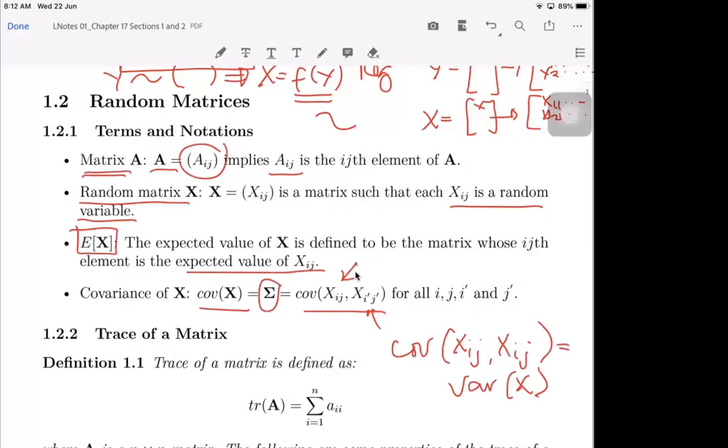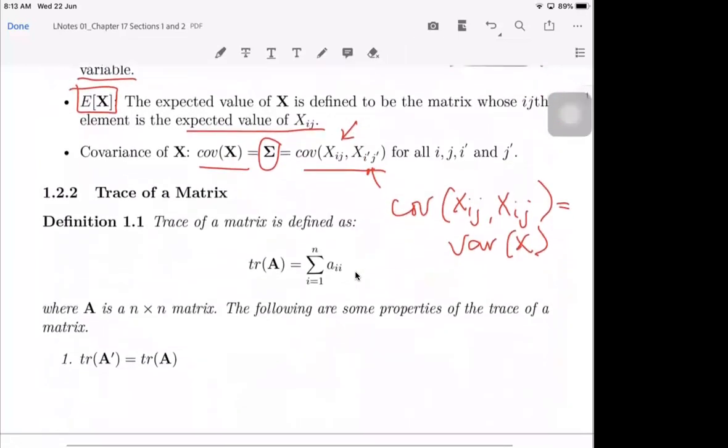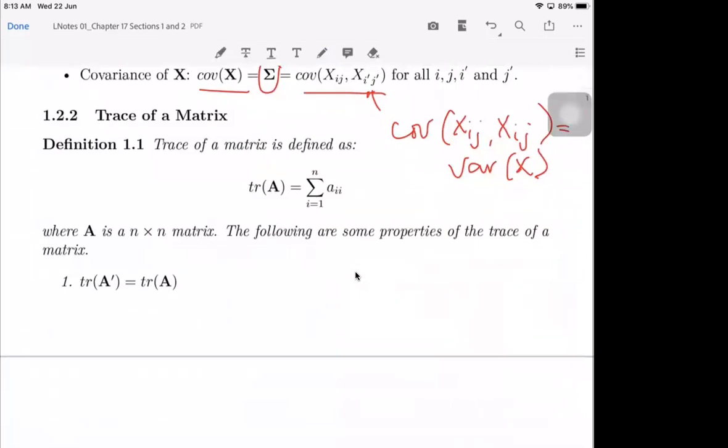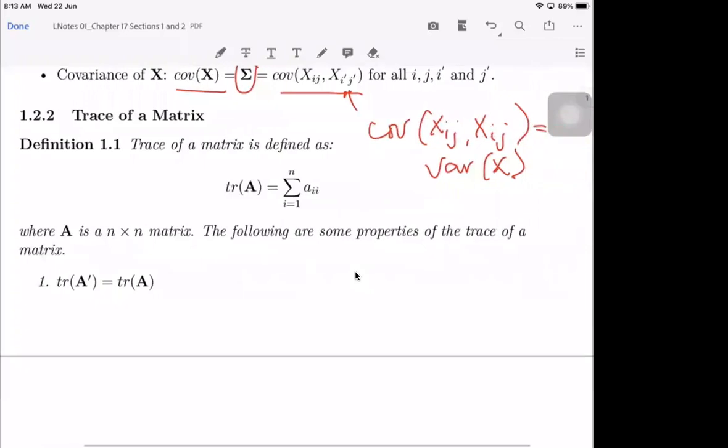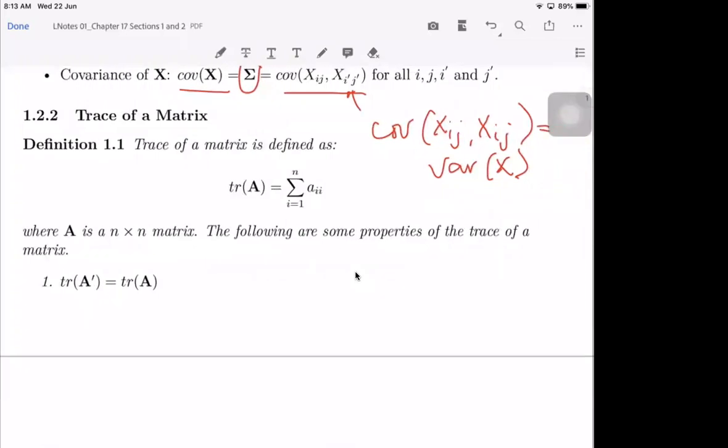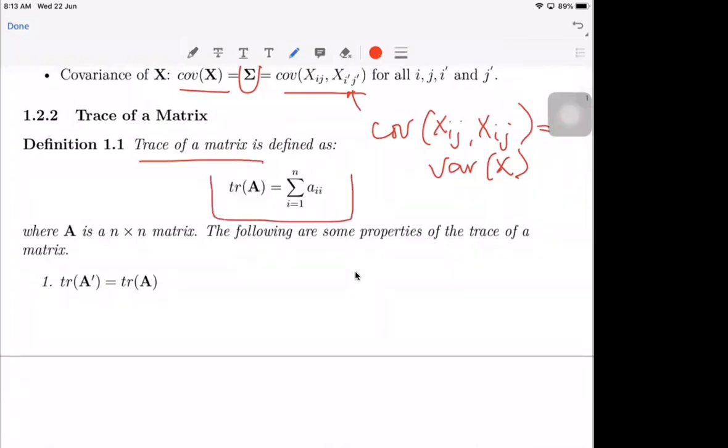Okay, so another term that will often be seen in this discussion is the trace of a matrix. The trace of a matrix is just the sum of the diagonal entries of your matrix, which is defined to be this symbol. The trace of A is the sum of all the Aii, the entries of A in the diagonal.